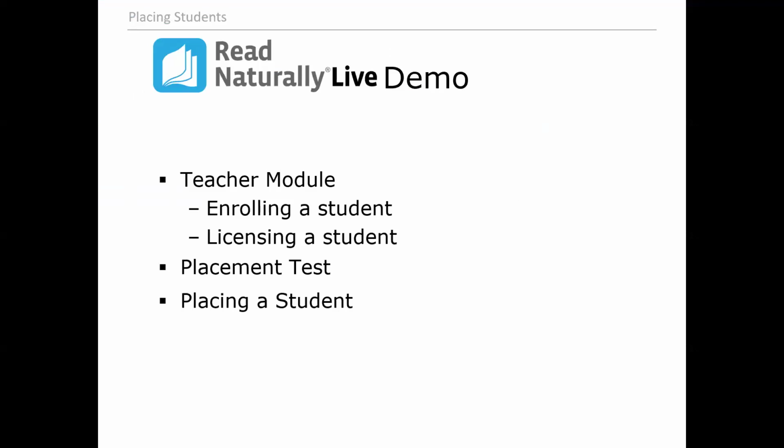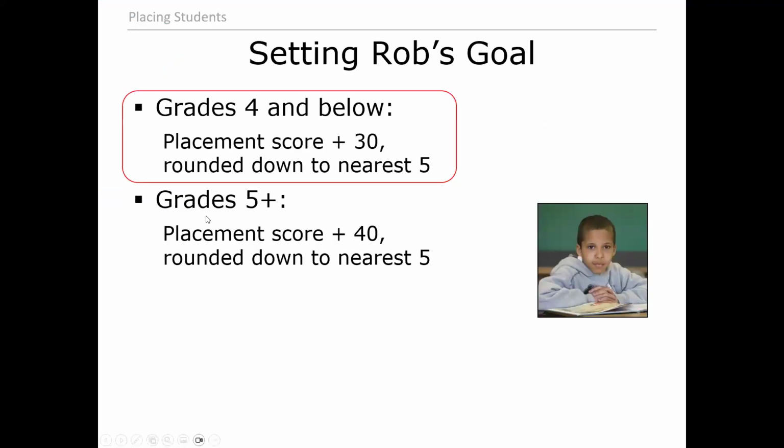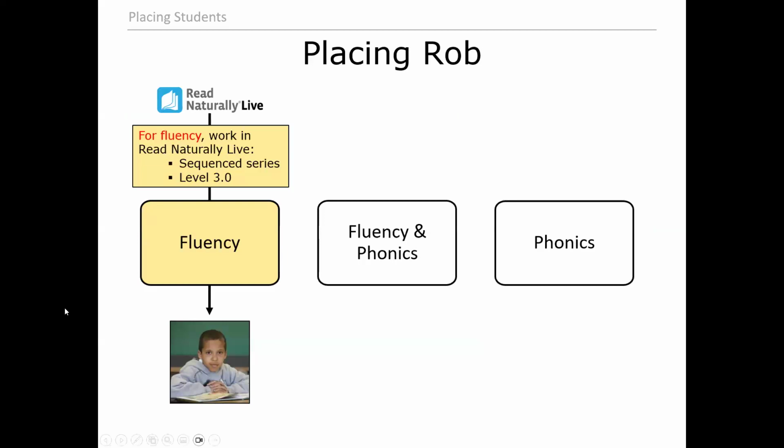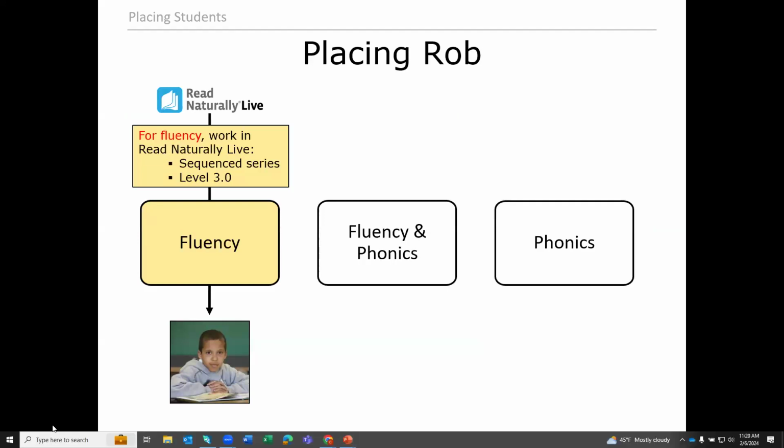And the way that the computer picked that goal was it took how he did on the level that we placed him in. He read 65 words correct per minute on 3.0, and it gave him 30 words added to that score, which is 95. So that is his story goal. Okay, it's just his story goal within the program. All right, so Rob is all done.